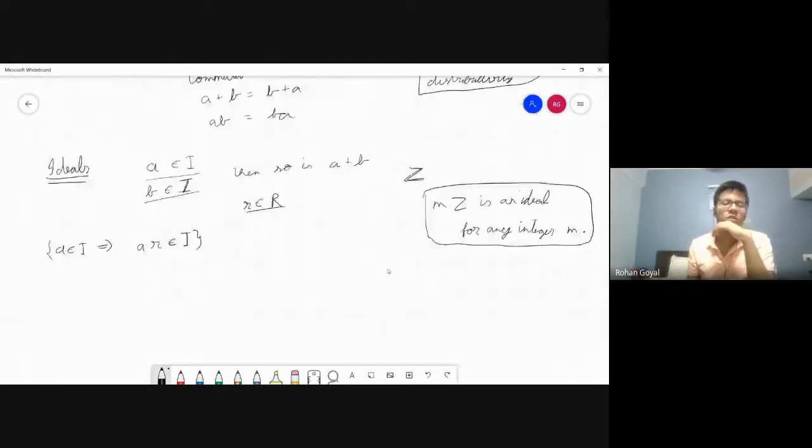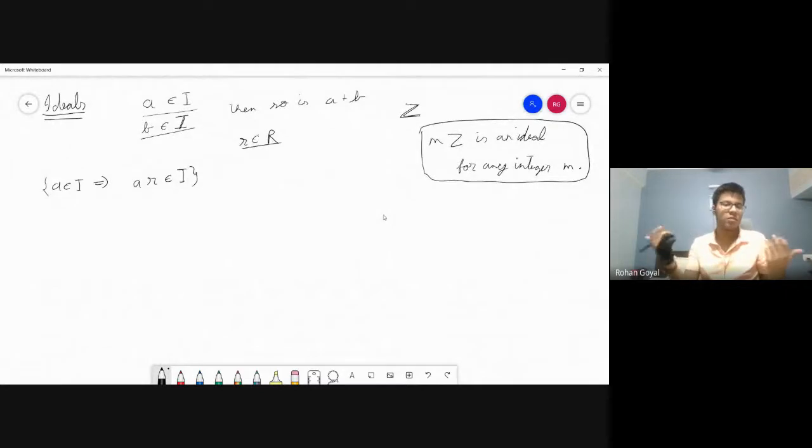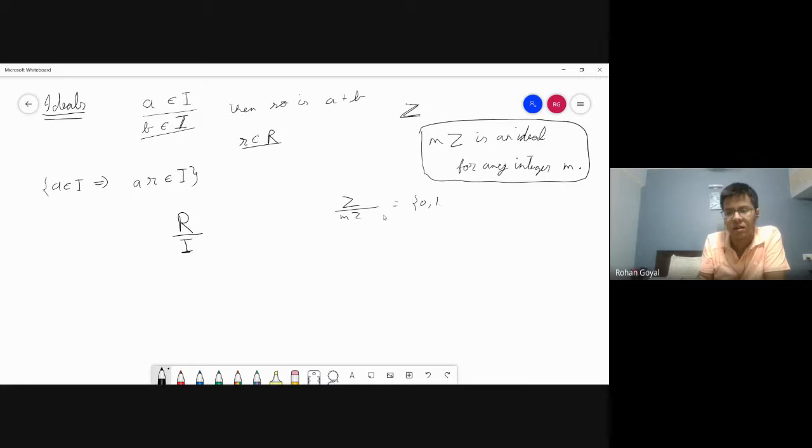Cool. So, as we do in real numbers, for any ideal that we have in a ring, we can define something as R by I for this ideal and this ring. Now, what would you expect R by I to be? If I tell you that Z by MZ means essentially this ring.